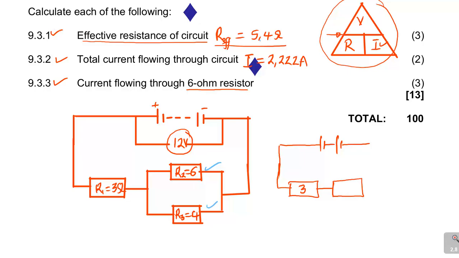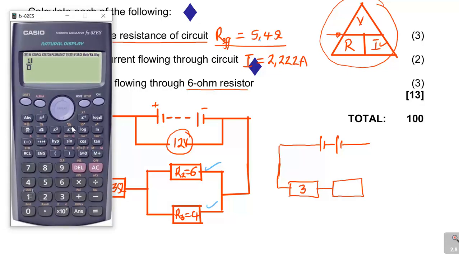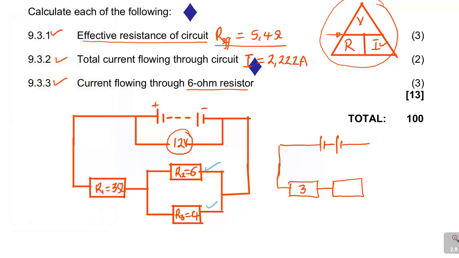When adding the parallel side, 1/6 plus 1/4 gives 5/12, and then you invert to get 12/5, which is 2,4. All right, now I remember. So we had 2,4 ohms, the total of the parallel combination.